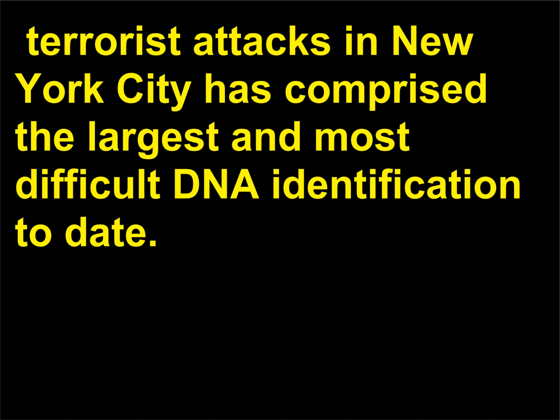History. The identification of the remains of the victims from the September 11, 2001 terrorist attacks in New York City has comprised the largest and most difficult DNA identification to date.